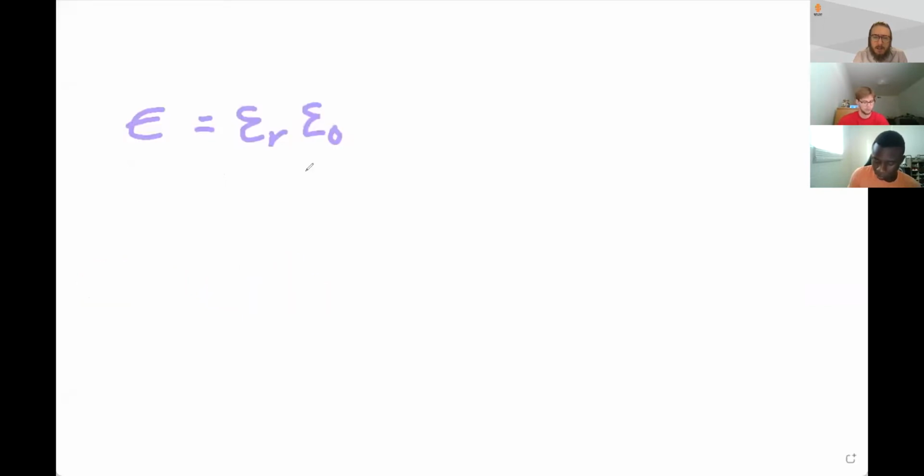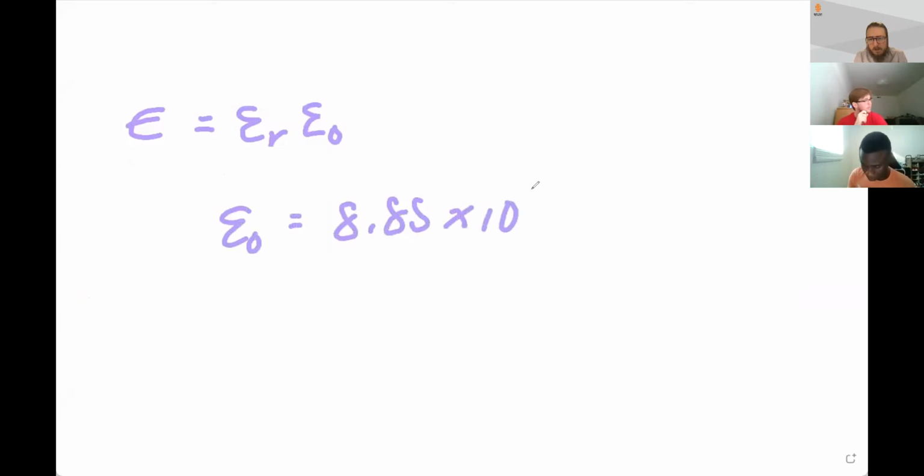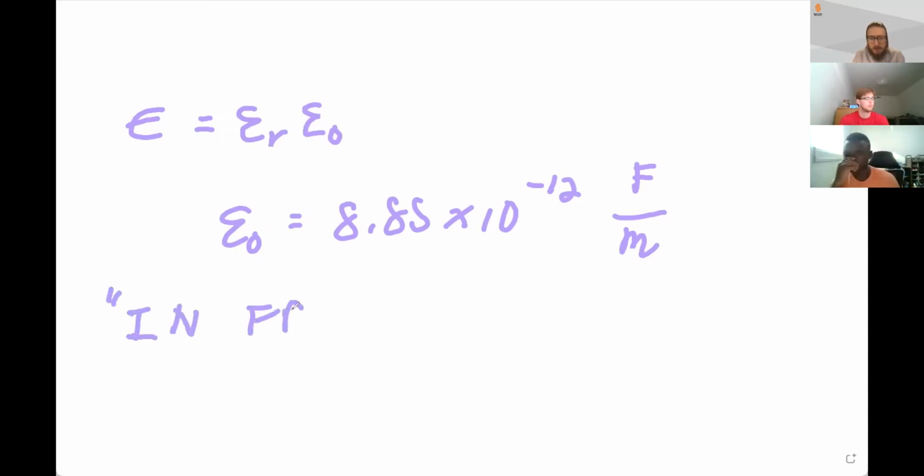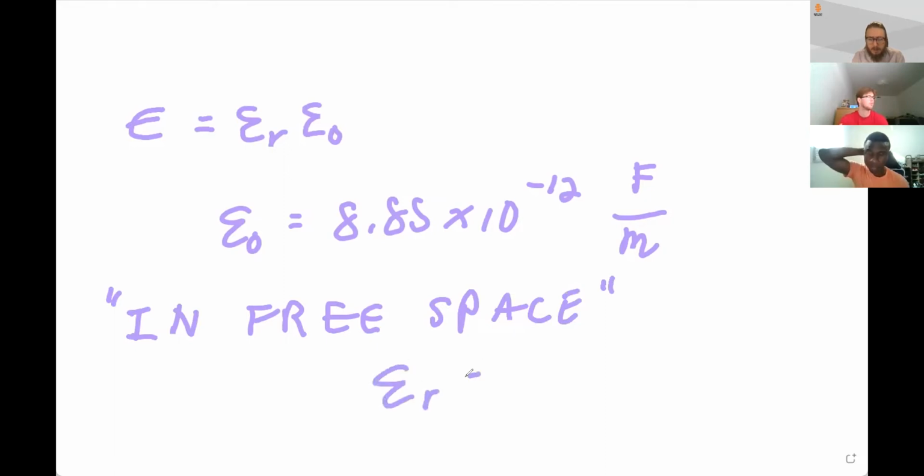And in free space, I think this problem says they're in free space. If the problem says something like in free space, that means that the relative permittivity is equal to 1.